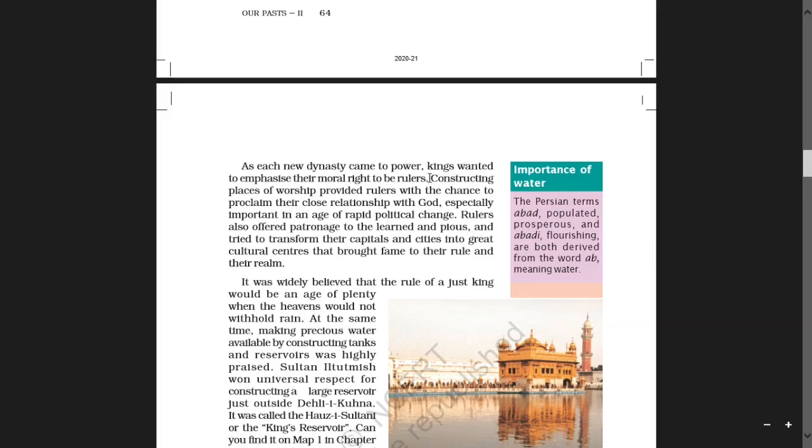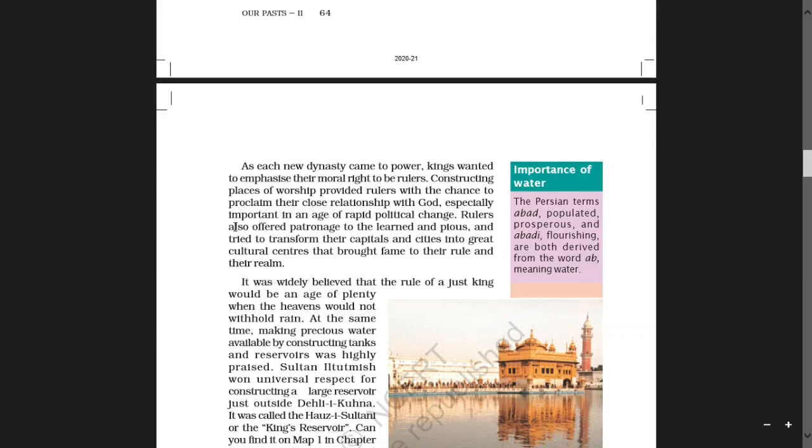Constructing places of worship gave rulers the chance, the opportunity, to proclaim, meaning announce officially or publicly, their close relationship with God, especially important in an age of rapid political change.